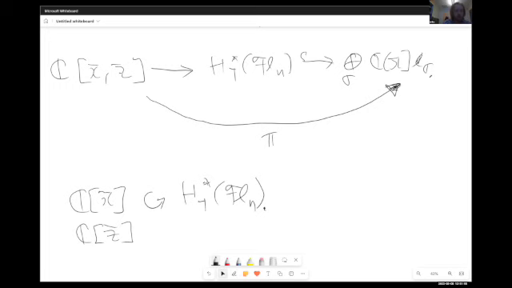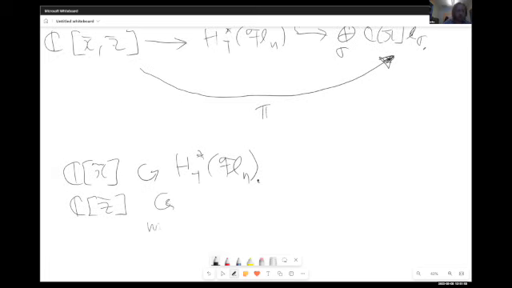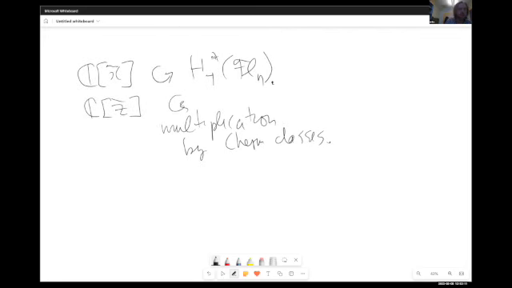The z variables act on the cohomology by multiplication by Chern classes. In other words, zi is equal to C1 of the line bundle Li, where Li is the line bundle which is the ith flag modulo the i minus first flag.